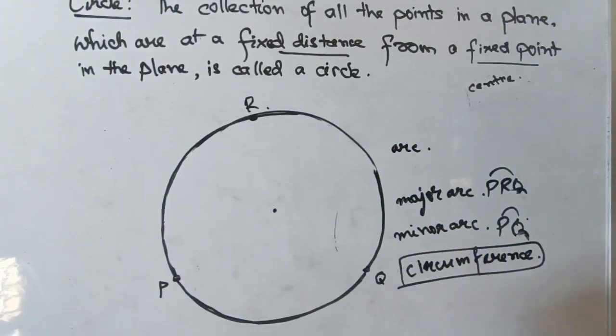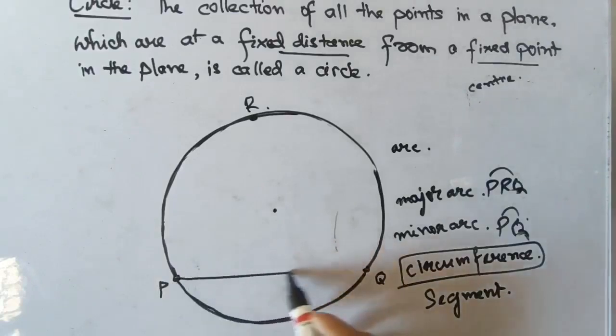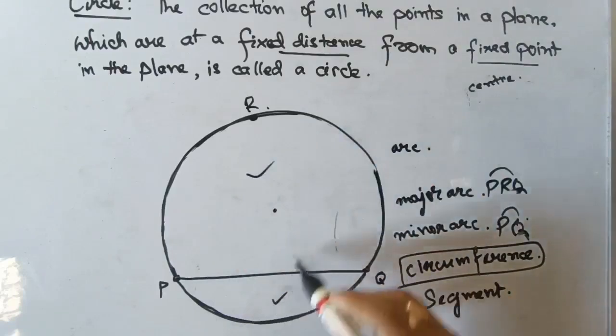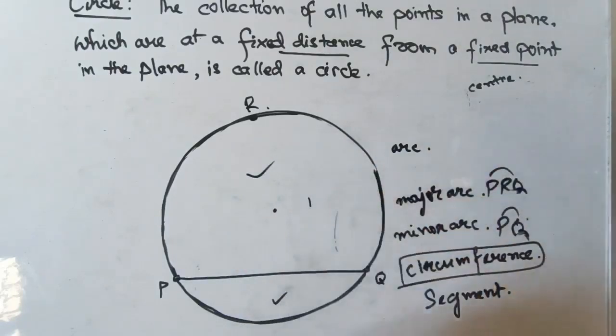Now let us study the term segment of a circle. Let us consider these 2 points P and Q, and if I draw a chord PQ here, this chord divides the circle into 2 parts, this part and this part. Its region is called the segment of a circle.